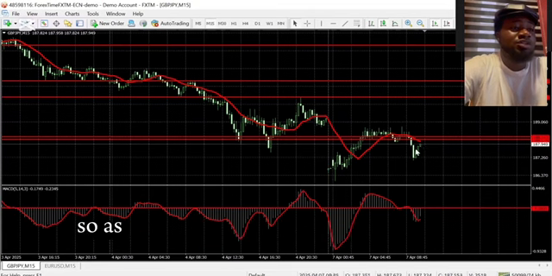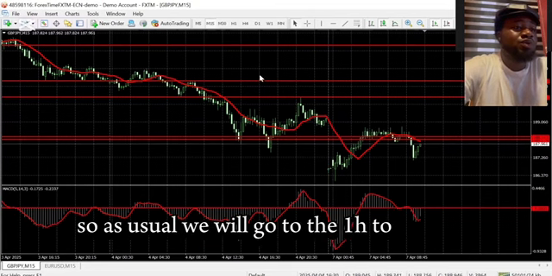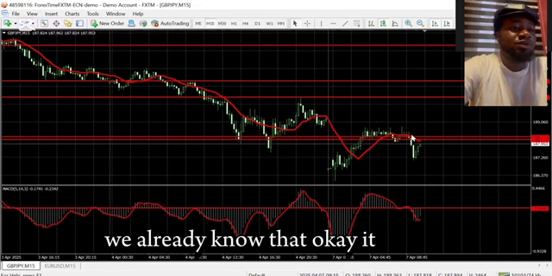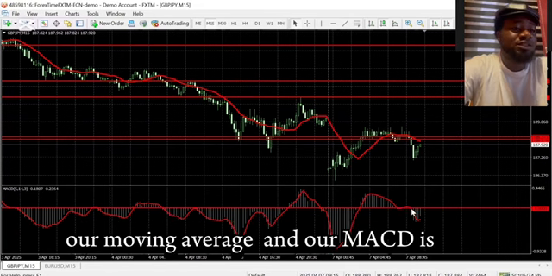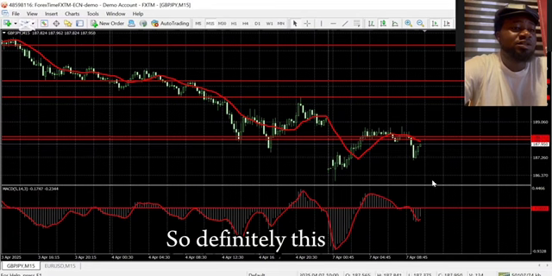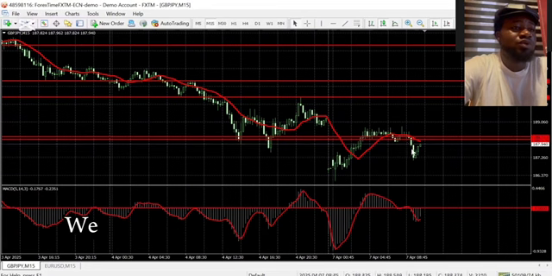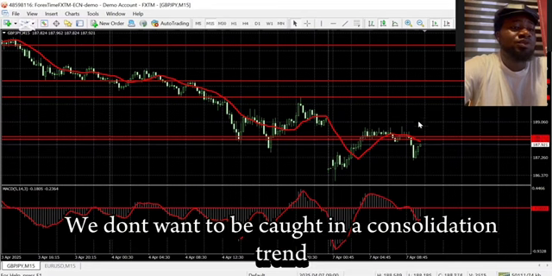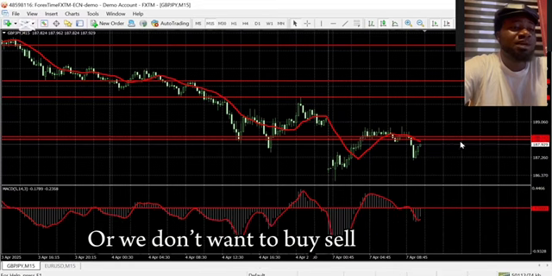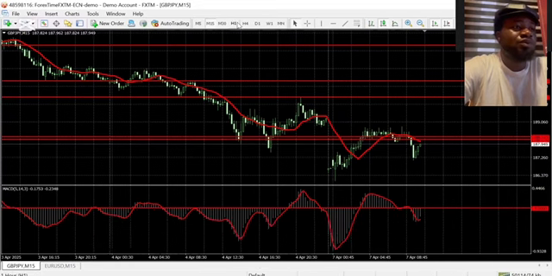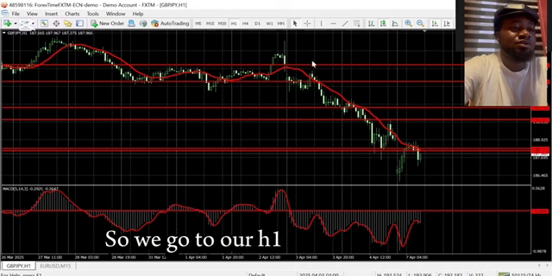As usual, we go to the 1 hour to know the trend. We already know that it's below our moving average and our MACD is below, so definitely this is a sell. But we want to know the trend. We don't want to get caught in a consolidation. So we'll go to our 1 hour to know the trend.